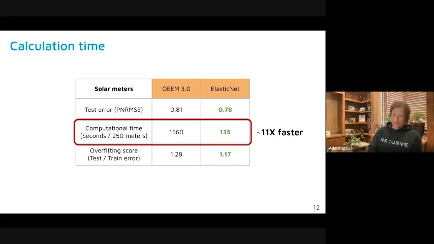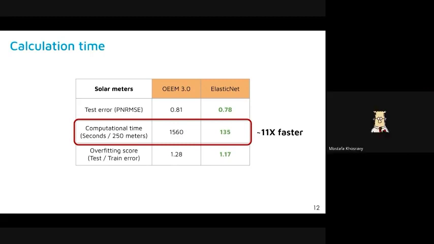And we immediately decided not to go that route because we recognized how overstuffed the model already was, given all of those parsings of the data. So that's why we went this route with the elastic net. Now, when you look at the fact that we're getting better results with more than an order of magnitude increased speed, I think we're on different footing than the OpenEEmeter 3.0. Do you disagree with that, or what am I missing?